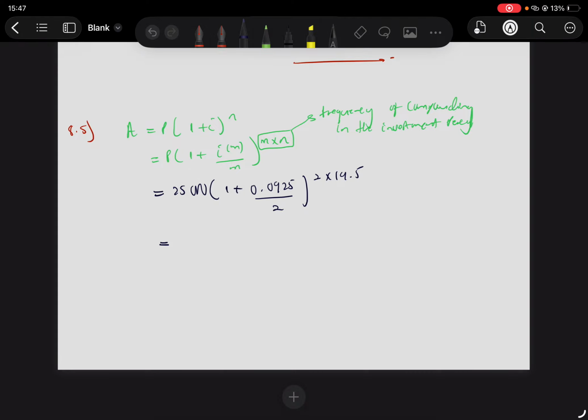We then get 25,000 times 5.83154 and so on, which is essentially 145,788.54 as the newly accumulated amount after 19.5 years.